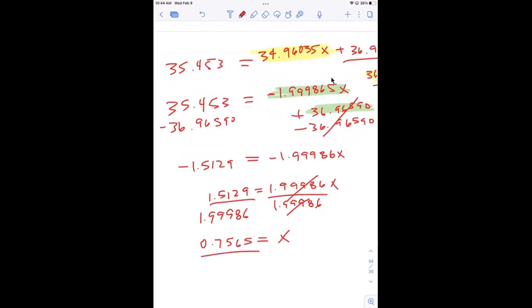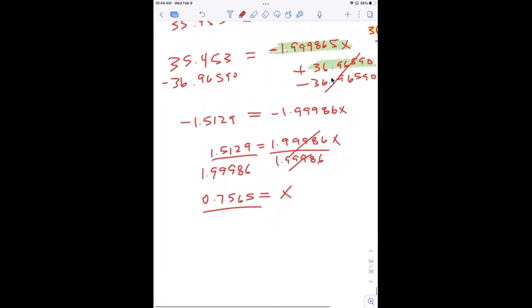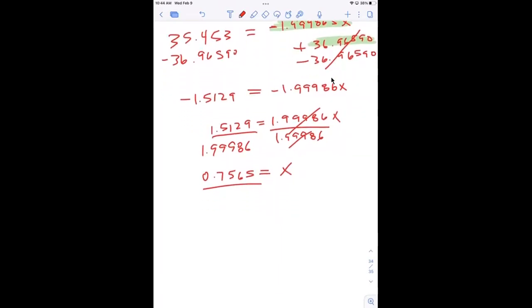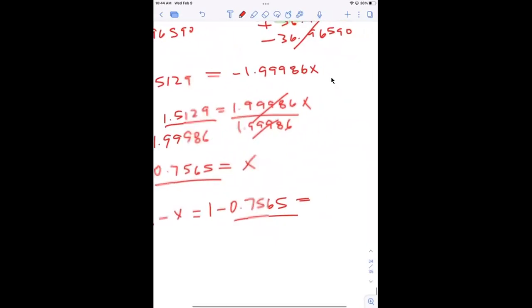Are we everybody okay with that? So if that's x, then what is 1 minus x? So 1 minus 0.7565. We just plug that in, right? And what do we get for that? 0.2435.